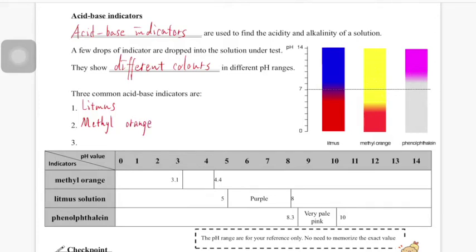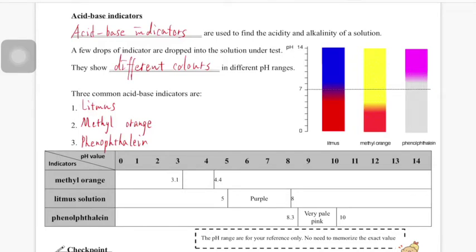The third one is called phenolphthalein. Okay, so what color changes will you see? I have attached a photo here. It shows you what the color changes are.